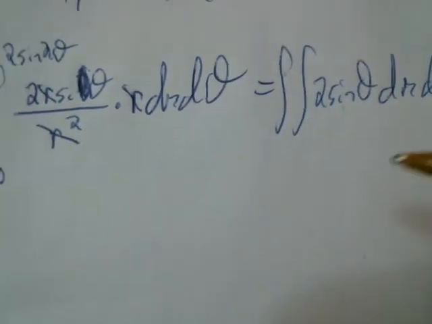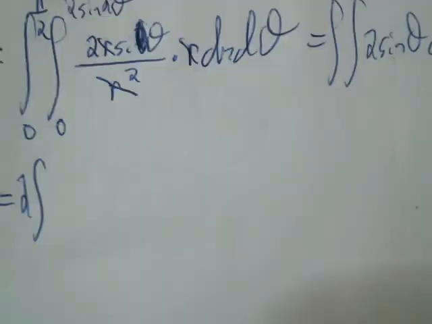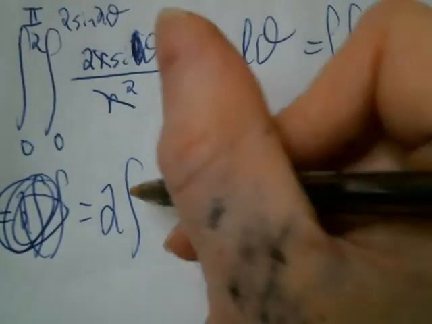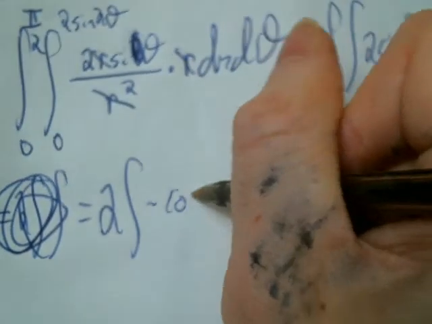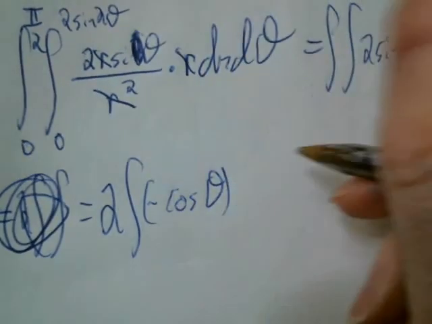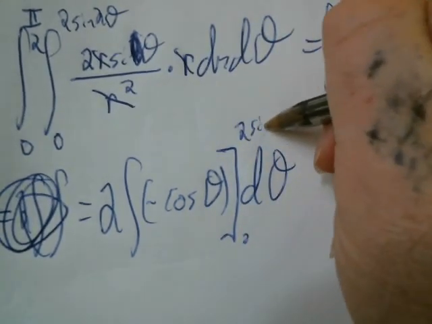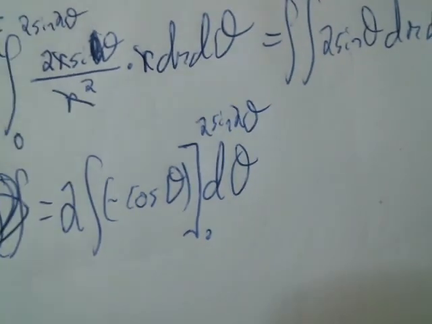And then I got to integrate that. We can factor out the 2 if we wish. So 2 times the integral of sine. The integral of sine is negative cosine theta, d theta. And I have to evaluate that from 0 to 2 sine 2 theta.